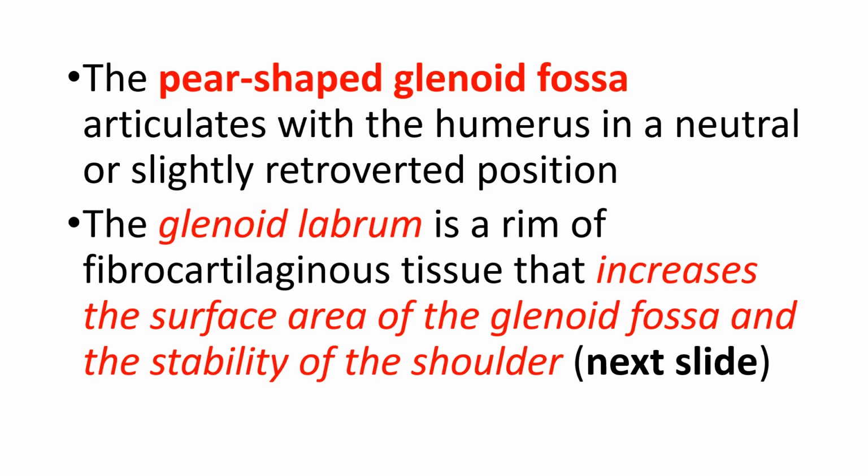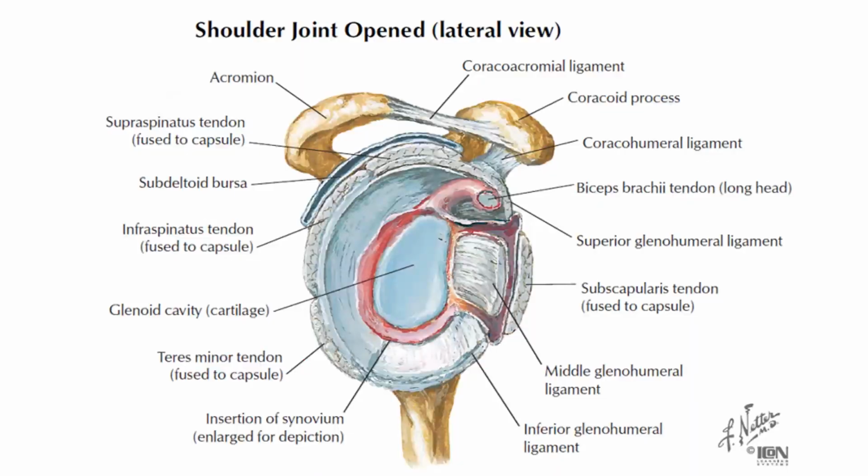And the muscles that help in this are the rotator cuff muscles. Never forget these. These are very important. They create stability for the shoulder. This is a diagram that shows it. If you look in the middle, you will find that the glenoid is pear shaped. It's pear shaped, and around it you have the glenoid labrum. Why? This is flat. The head is large.